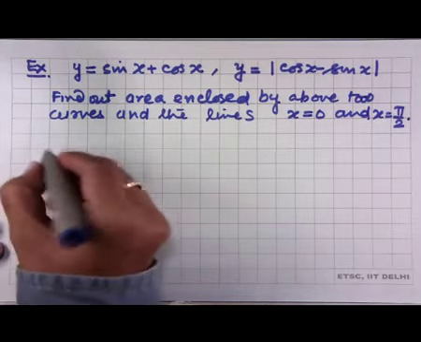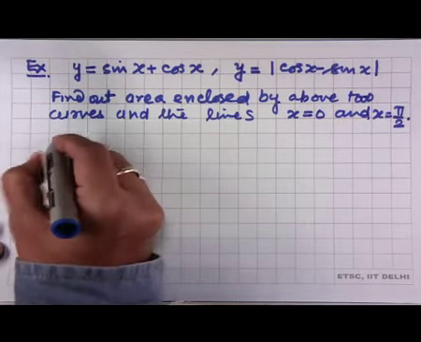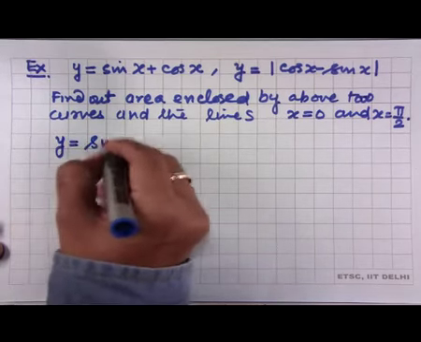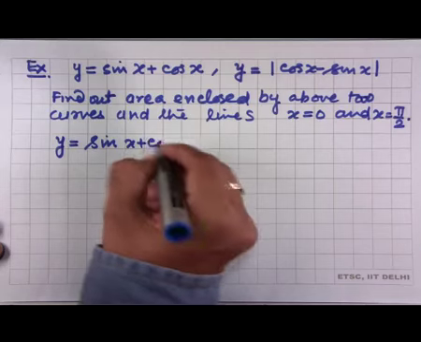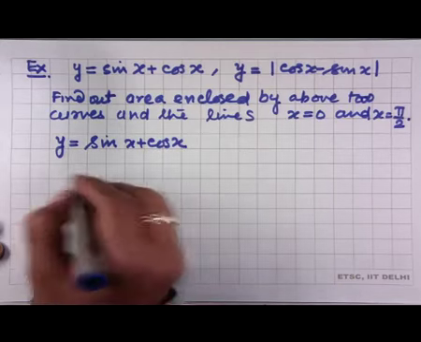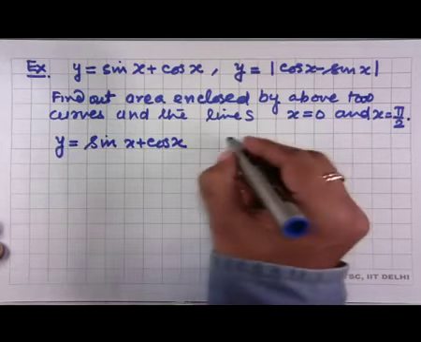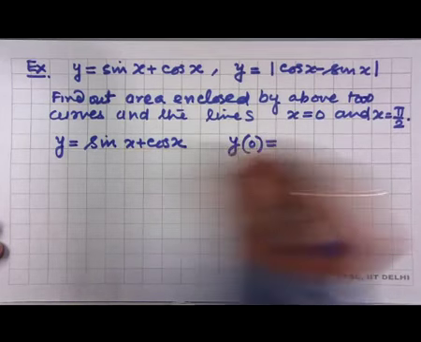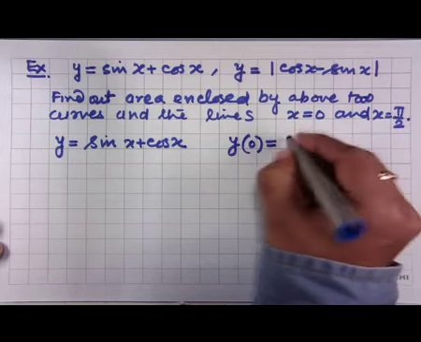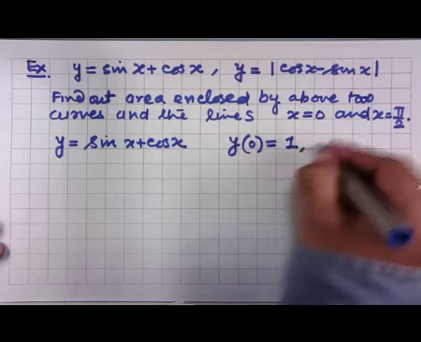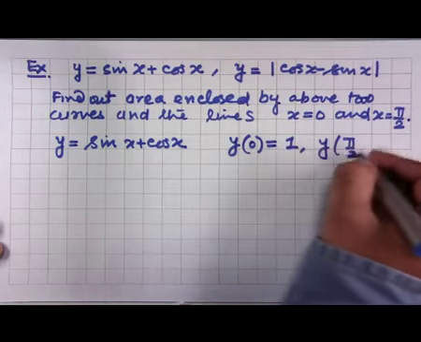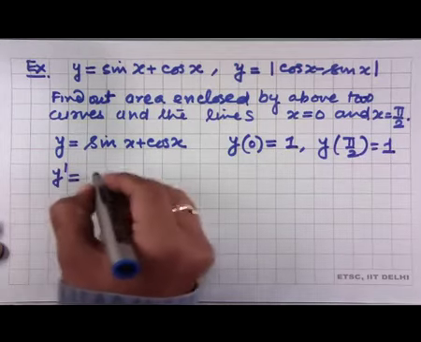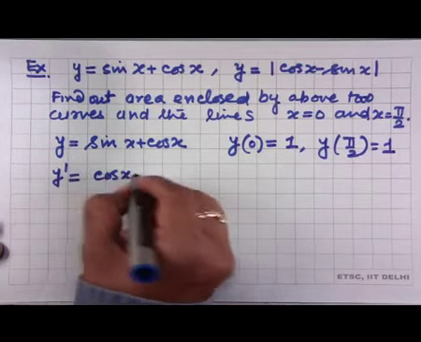So let us plot y equals to sin x plus cos x first. You just try to find out what is the value of y at 0. Y at 0 is 1, y at pi by 2 is also 1, and if you find the derivative you see that it is cos x minus sin x.